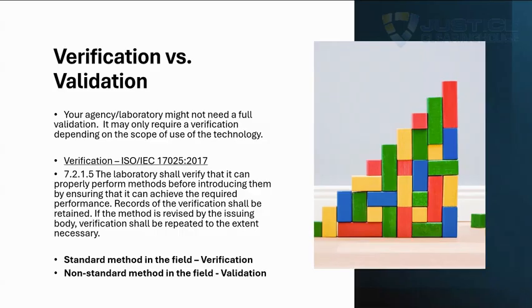Records of the verification shall be retained. If the method is revised by the issuing body, verification shall be repeated to the extent necessary. So this is one of the sections in ISO 17025. In summary, a standard method in the field just needs a verification, but a non-standard method in the field needs validation.